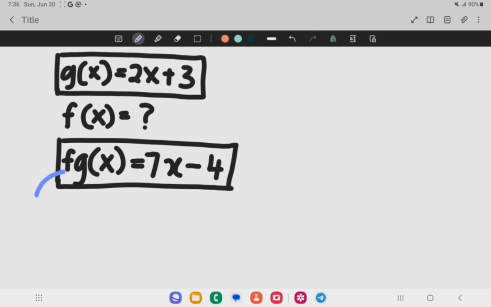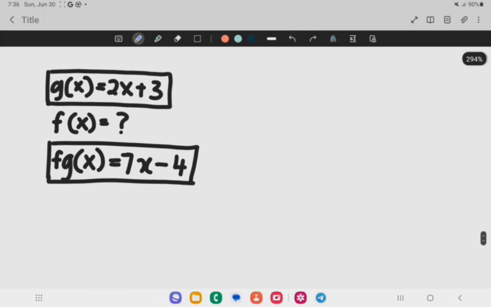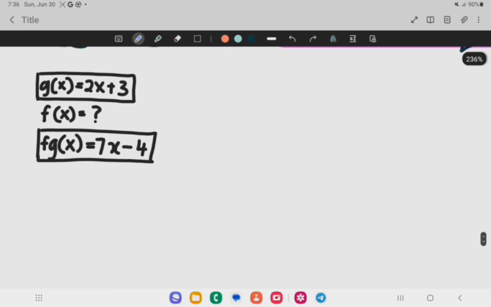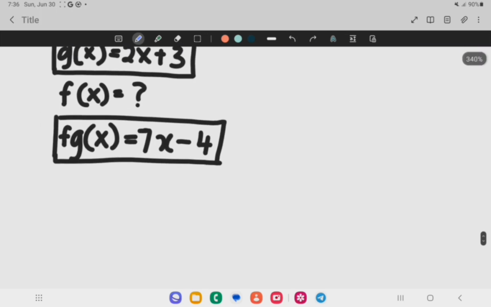In this case, the f(x) is located outside, because the g(x) is located inside. So when it's located outside, you have to use the outside technique where you will be using the inverse method. And how to use the inverse method?